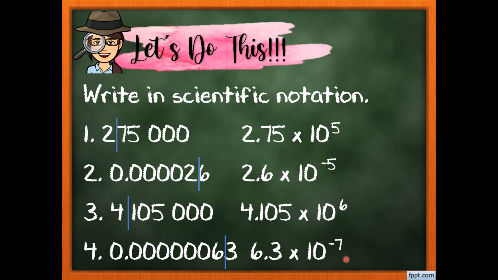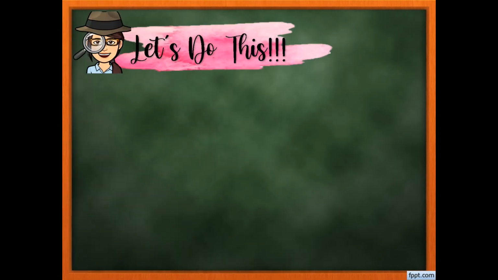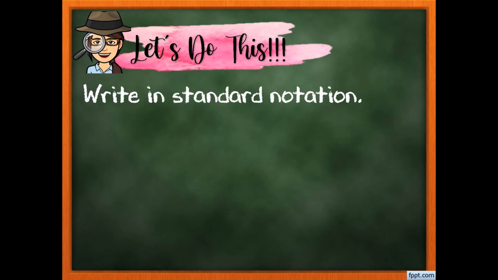So, any question regarding on how to write standard form into scientific notation? Okay, now let us proceed to another example. So, let's do this. Write in standard notation. So, kung kanina, we transformed the standard notation into scientific notation, ito naman, you are going to transform the scientific notation into standard notation.